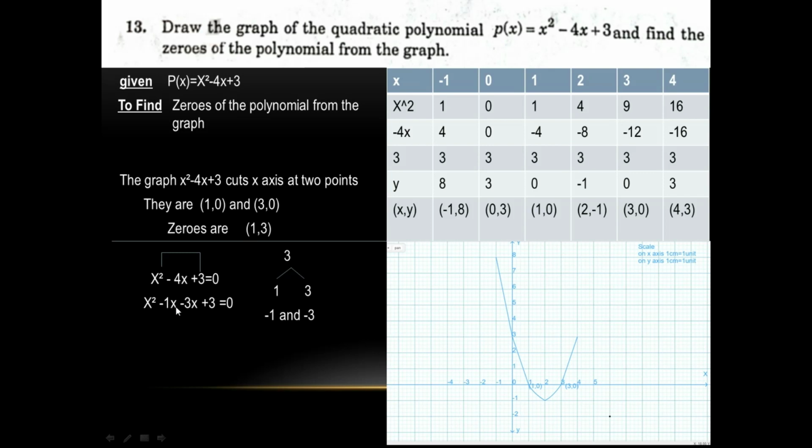So x square minus 1x minus 3x plus 3 is equal to 0. Then we take x common, that is x of x minus 1, and we take minus 3 as common here, minus 3 of x minus 1 is equal to 0. Then we can write x minus 1 is equal to 0 and x minus 3 is equal to 0. So we get x equal to 1 and x equal to 3. Therefore, x is equal to 1, 3. And from the graph also we can say that the zeros are 1 and 3.